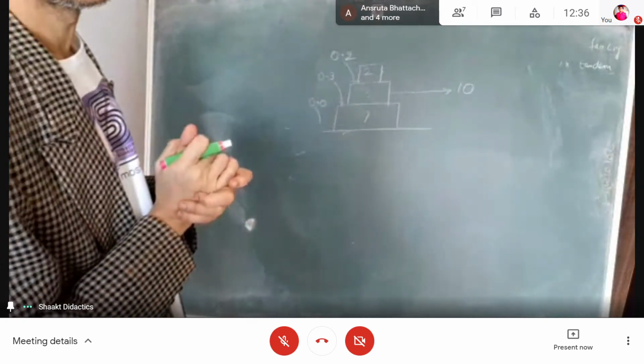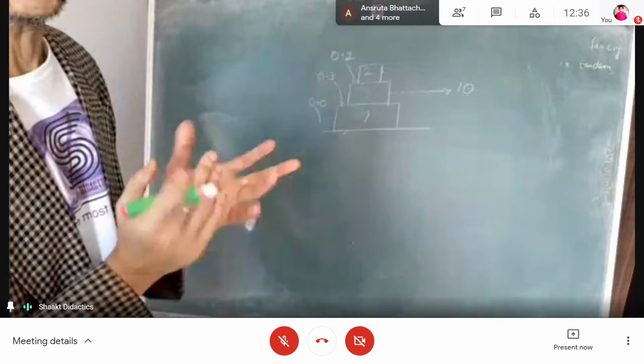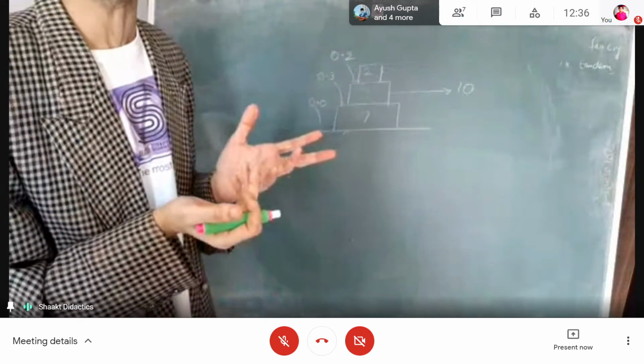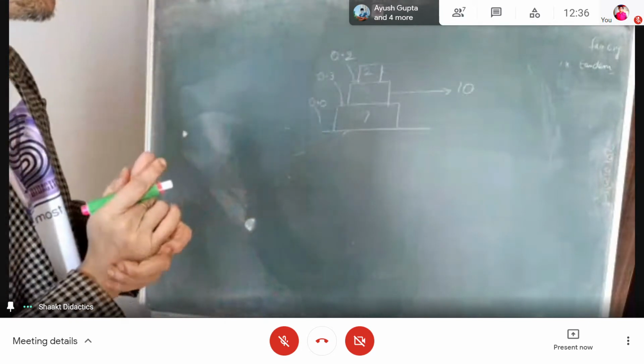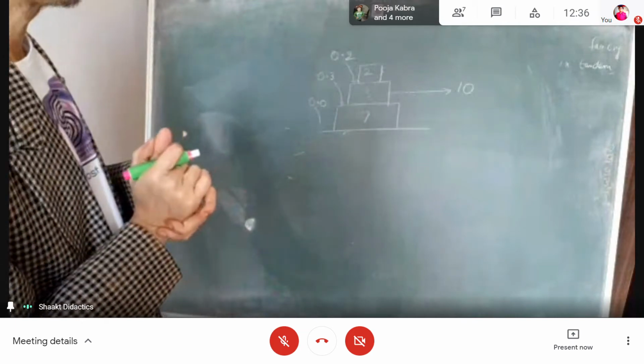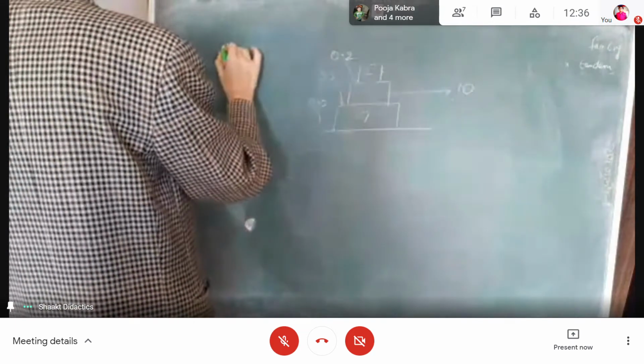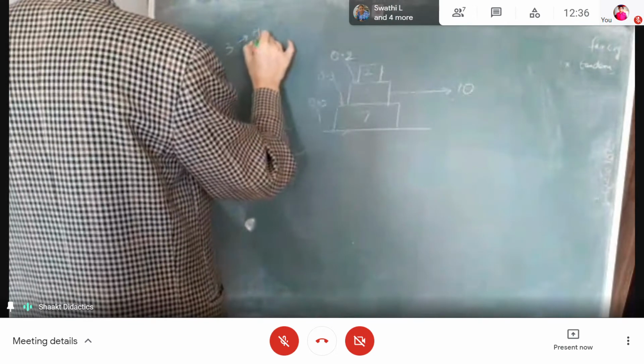I want to check if there's relative motion between 3 and 7. Okay, 3 and 7 being picked. Carry on.